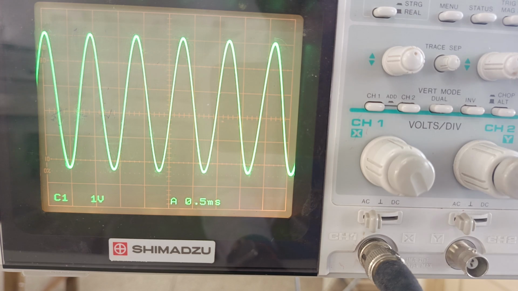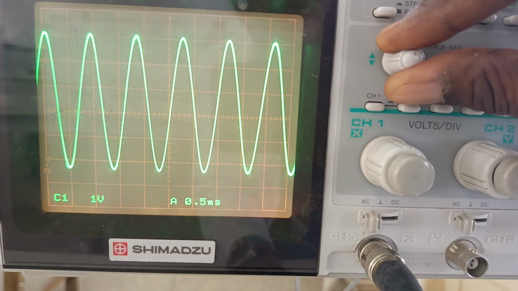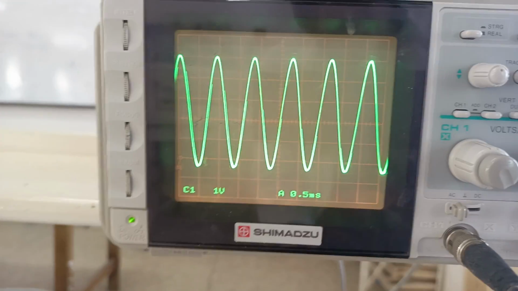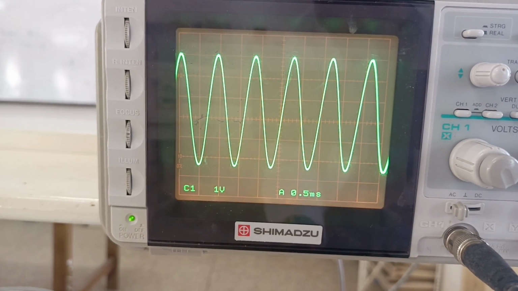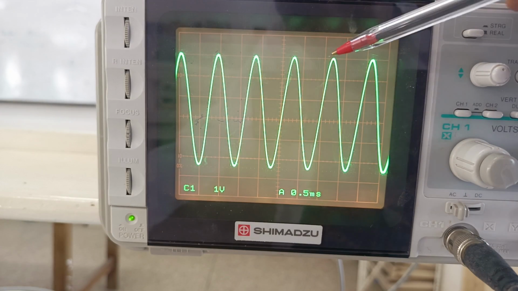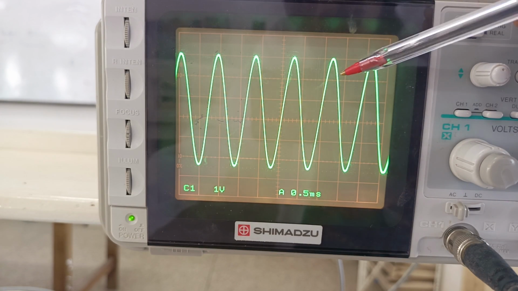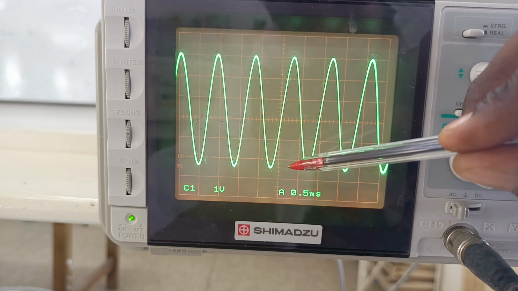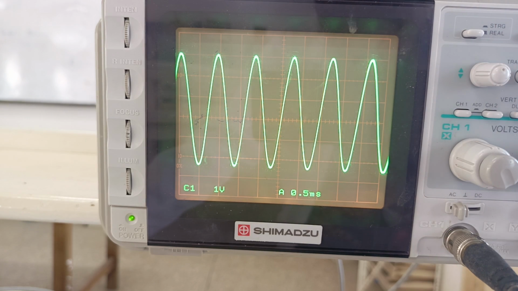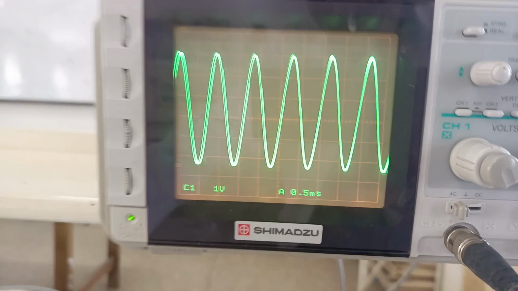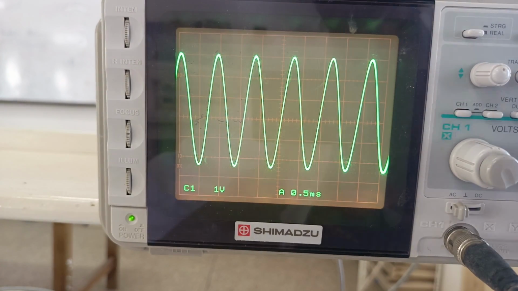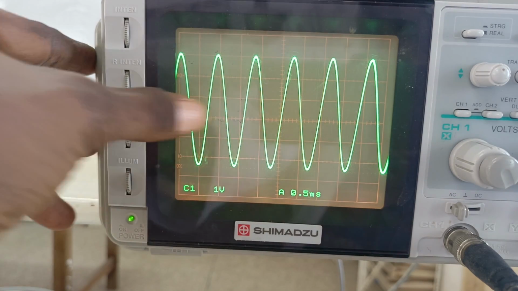So if you want to check the height or the amplitude of the waveform, we count the number of boxes. So we have 1 box, 2, 3, 4, 5, and then there are subdivisions here as well. So that's 5.6 boxes, so that's 5.6 centimeters. That's the amplitude of this waveform, this signal that I've generated.